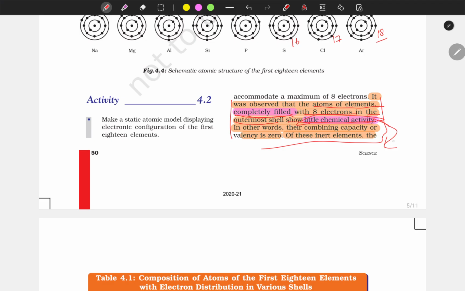That means they will not try to form bonds or attach chemically, because they are completely stable, in a more stable position, so they show little chemical activity. In other words, their combining capacity, or valency, is zero.